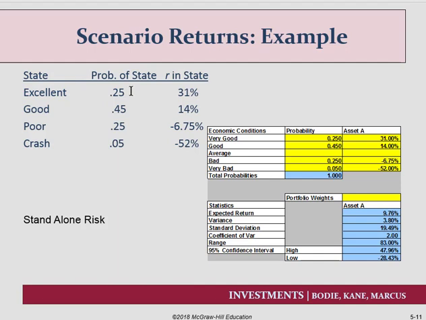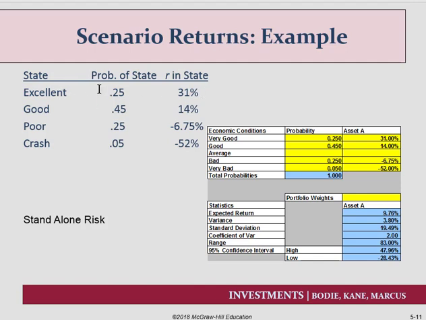We have some possible economic events, if you will: excellent, good, poor, and crash. And we have predicted what the probability of these economic events is. Given these economic events, we predict prices, and then from prices, we calculate returns.